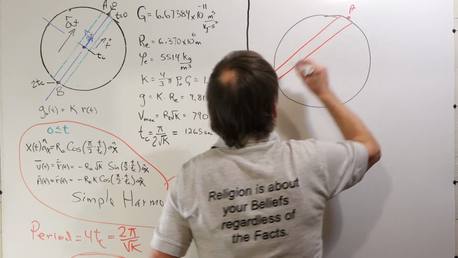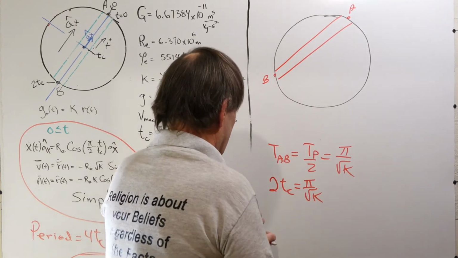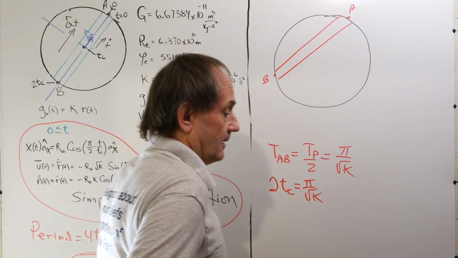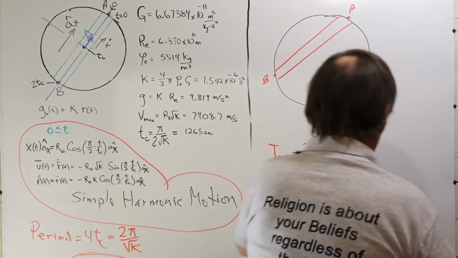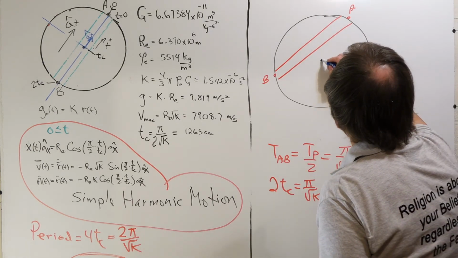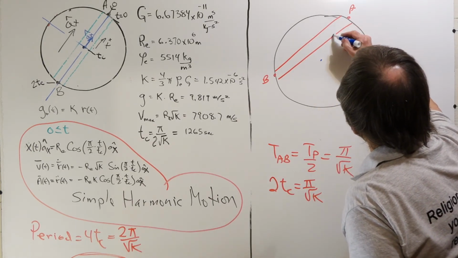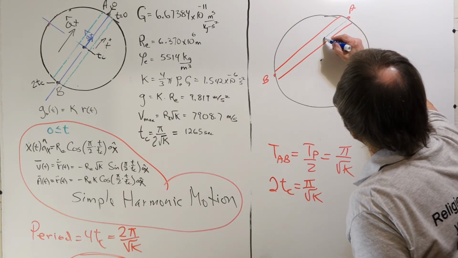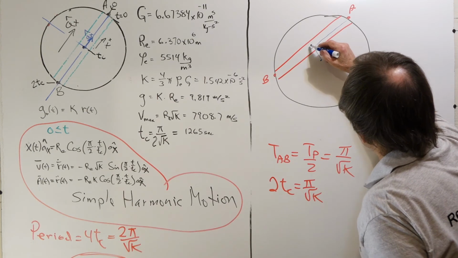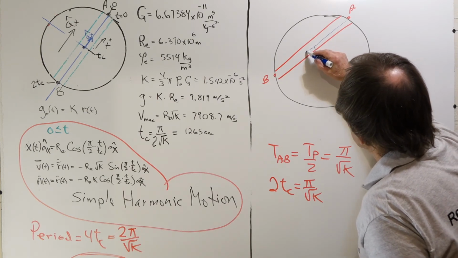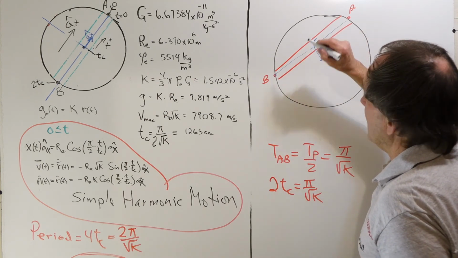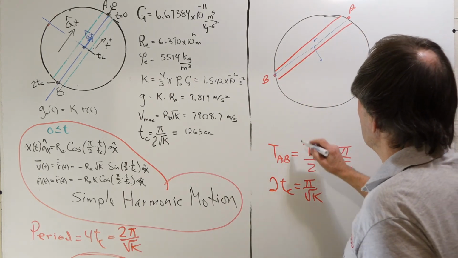If A is here, B is here, and we make a travel, what's going to happen is gravity, if we start traveling, gravity is going to start accelerating us, and as we pass the center, perpendicular, the gravity is going to slow us up, and then we're going to reach point B. And this time is fundamental.